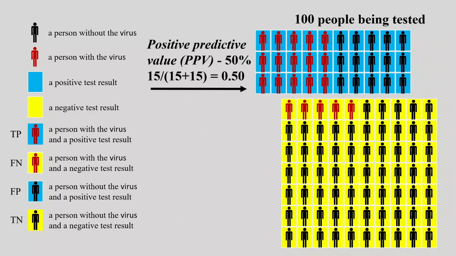The positive predictive value in our case was 50%. We had 15 people that are truly positive divided by 15 true positive and 15 false positive cases. Thus, there is only 50% chance that a positive test result actually came from testing an infected person, and 50% chance that the result came from testing a non-infected person.